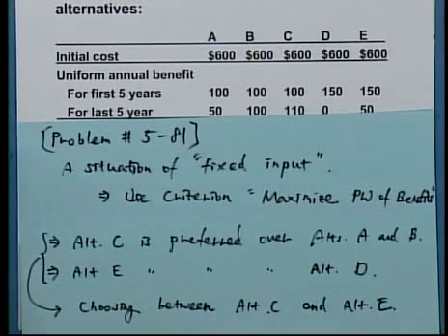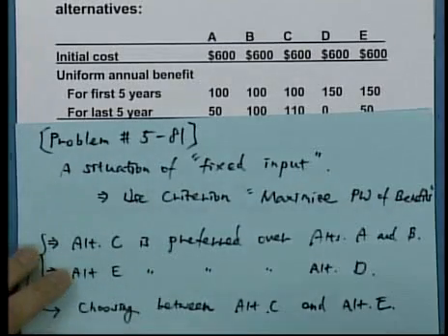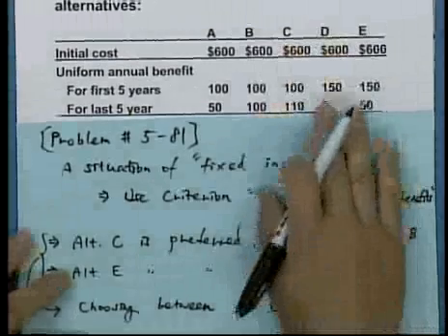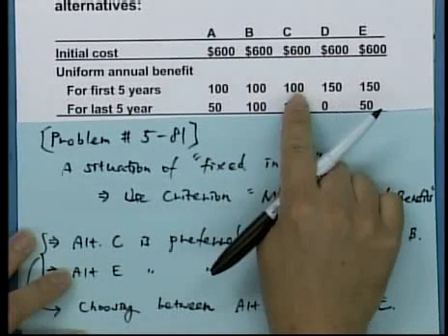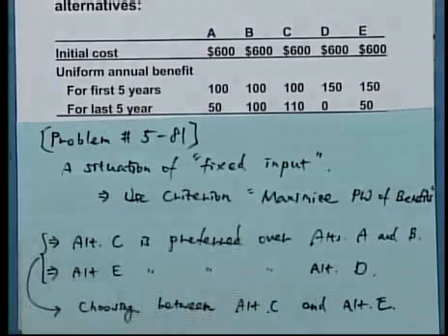And alternative C has a uniform annual benefit of $100 for the first 5 years and $110 for the next 5 years.